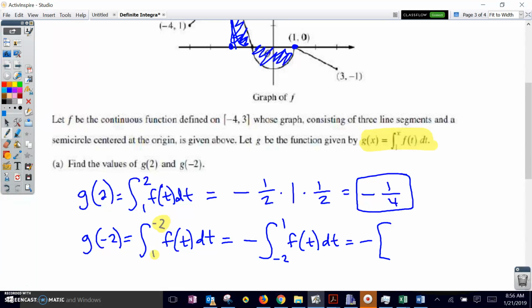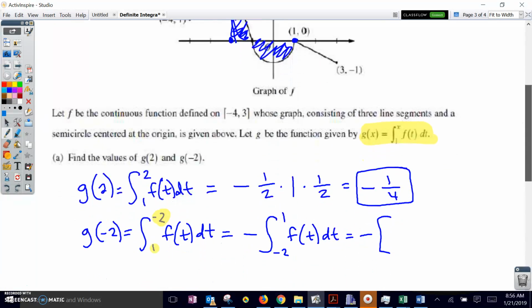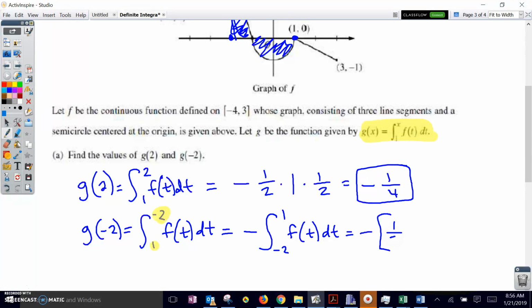Now the positive area comes from a triangle with a base of 1 and a height of 3. So we've got 1/2 times 1 times 3. And the negative area that we're subtracting away comes from the semicircle with a radius of 1. So that's 1/2 times pi r squared. And we subtracted that away in here because it's area that's below the axis in the picture.